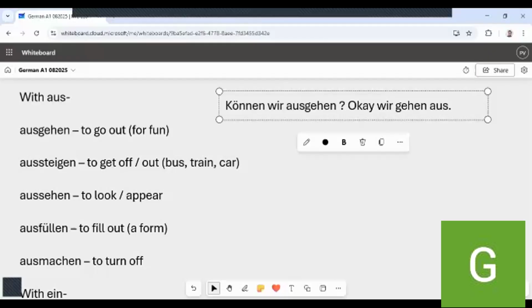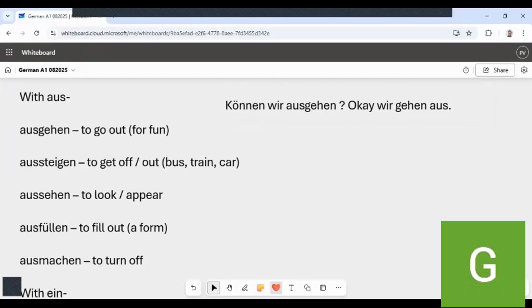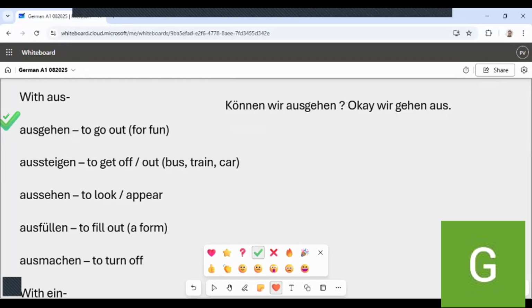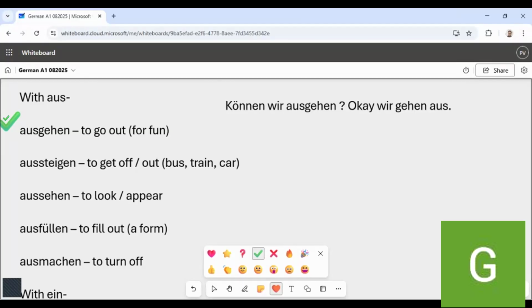It is very necessary to remember that if you are getting off a bus, a car or a train, then you should always say aussteigen. Suppose you are in a crowded metro and the doors are open for a limited time, and you want to ask the other people, can you please get off the metro?